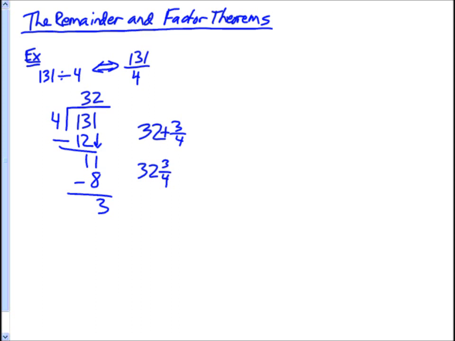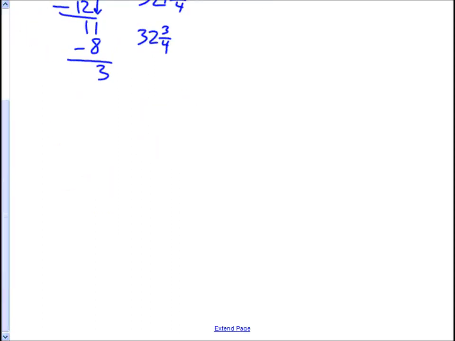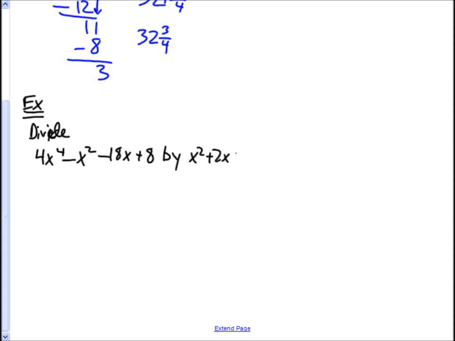Now let's extend this and talk about polynomial long division. Let's say we're going to divide 4x to the 4th minus x squared minus 18x plus 8 by x squared plus 2x plus 3.